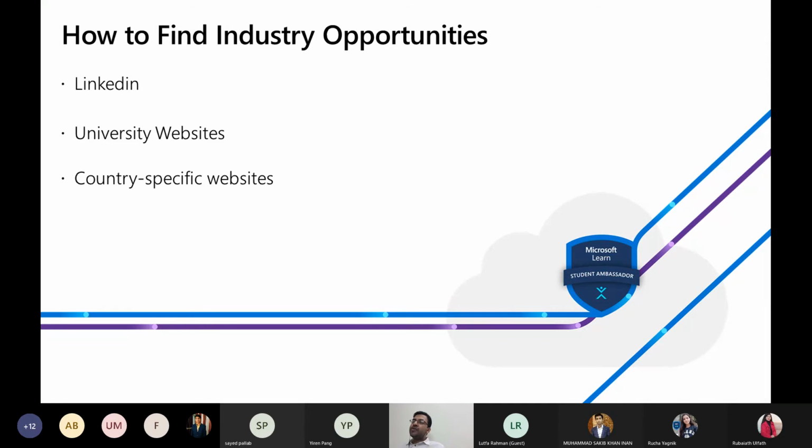But finding opportunities in industry is tricky, because there are so many industries whose information you will find online. You will find some websites, and they may hire you as well.